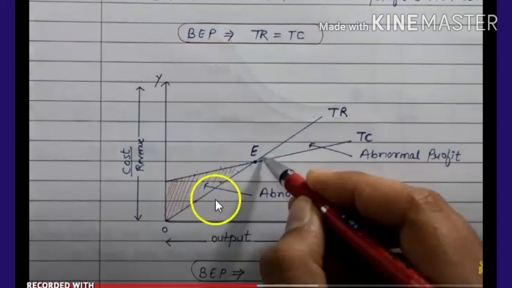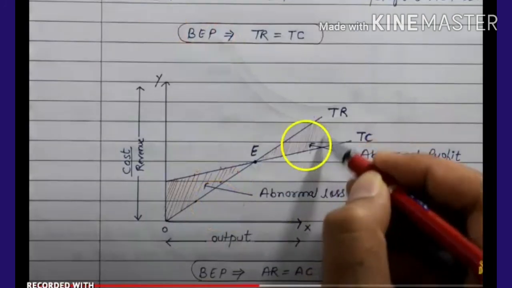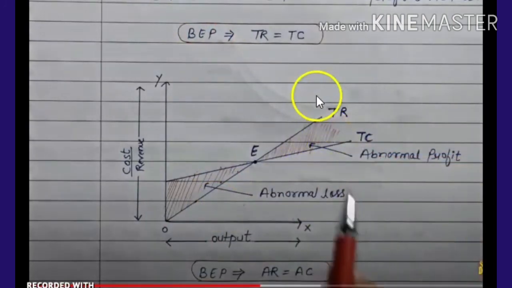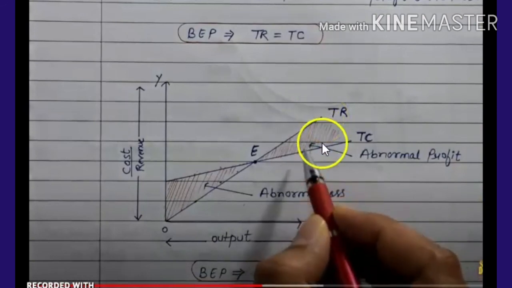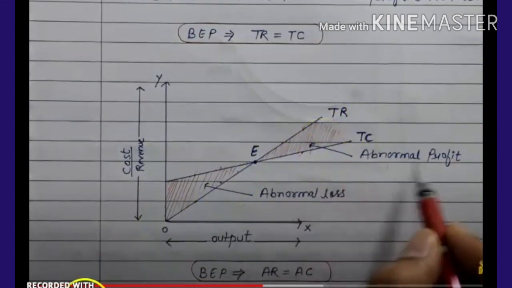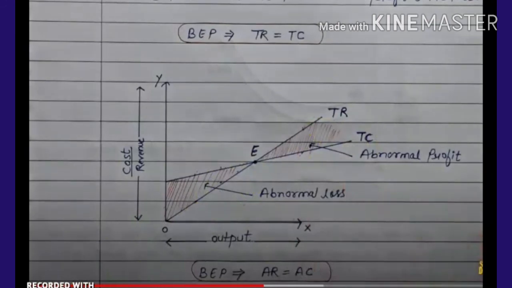So we are in the situation of abnormal loss. You can see this shaded portion here. TR is above the total cost. So we are in the situation of abnormal profit, and we will always be getting profit. So this is an abnormal profit situation.